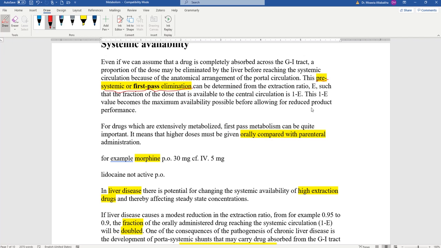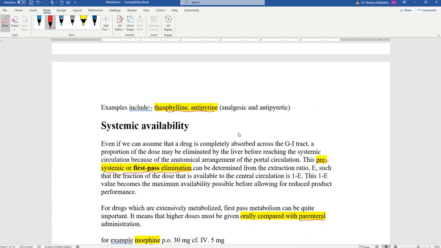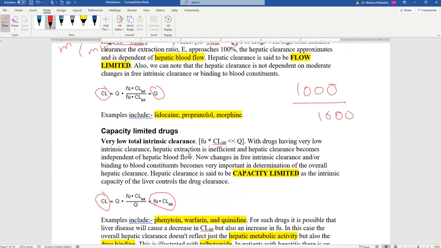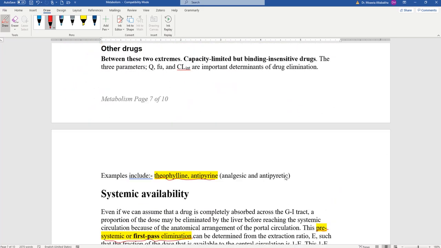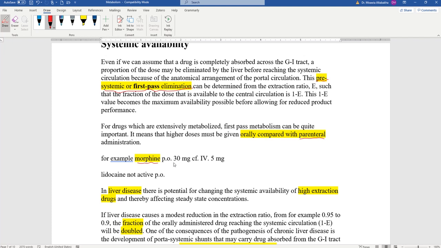That's why you will see that the doses given orally compared to, let's say, IV, have a big difference. For example, morphine, we already said that it is a high extracted drug. We find, for example, the oral dose is 30 milligram compared to 5 milligram by IV. Then there is a big difference.